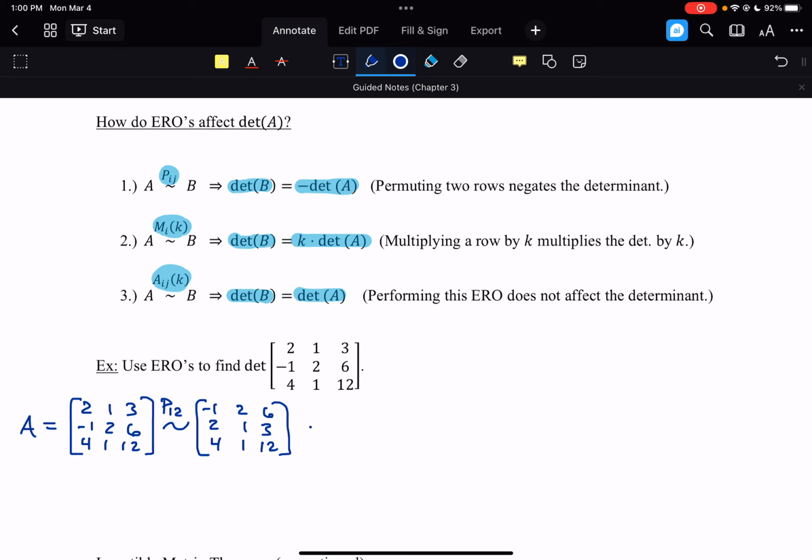And then I'm going to use this to clear out everything below it. So I'm going to add row 1 to row 2 times 2, and add row 1 to row 3 times 4. So we get 0, 5, and 15, 0, 9, and 36.